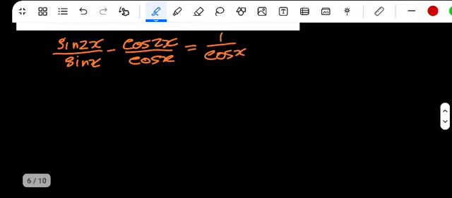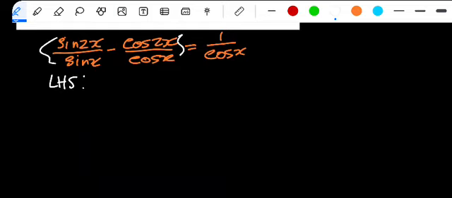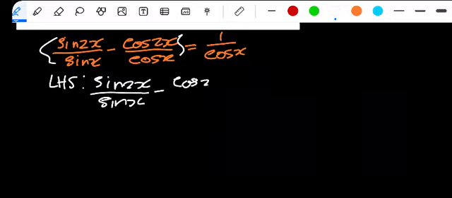It's 5 marks. So you start with the side that looks more difficult. You can tell the examiner will choose the left hand side, so you write the left hand side: sine 2x divided by sine x minus cos 2x divided by cos x.